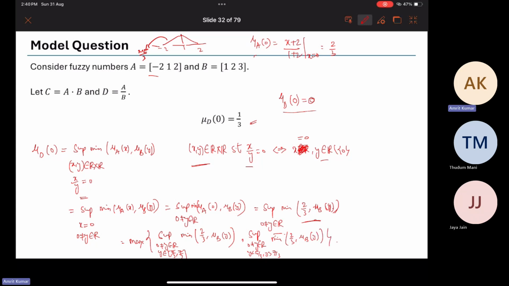We need to take the supremum over all non-zero real numbers. So we can first take the supremum over all non-zero numbers such that y is between 5 by 3 and 7 by 3, and then we can take the supremum over all non-zero numbers such that y is less than 5 by 3 or y is greater than 7 by 3. This first one we found out is nothing but 2 by 3. And therefore, when you take the supremum, you essentially have 2 by 3. So you're left with this particular supremum.